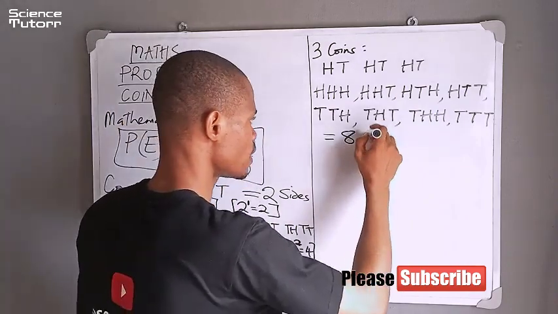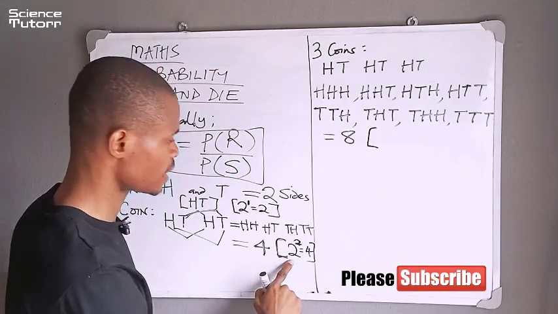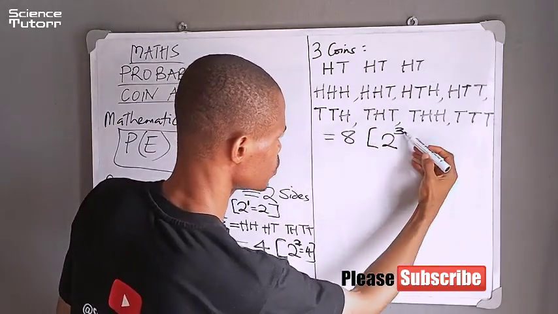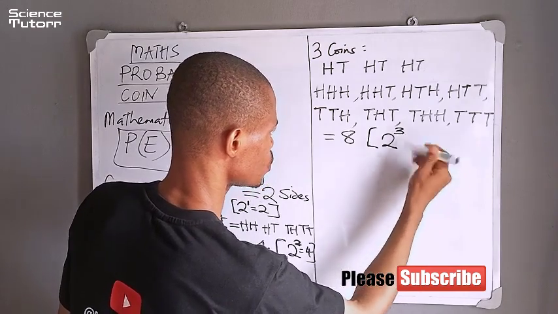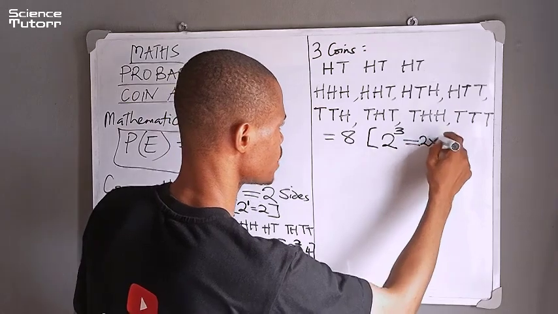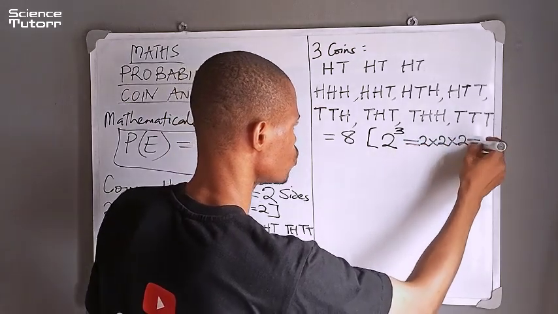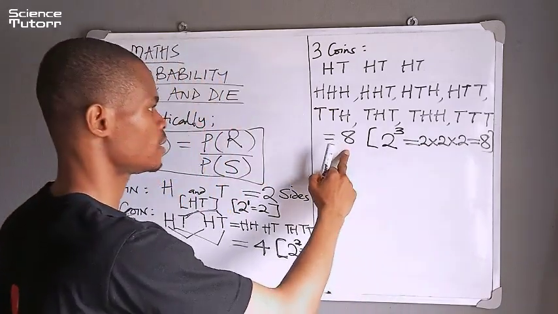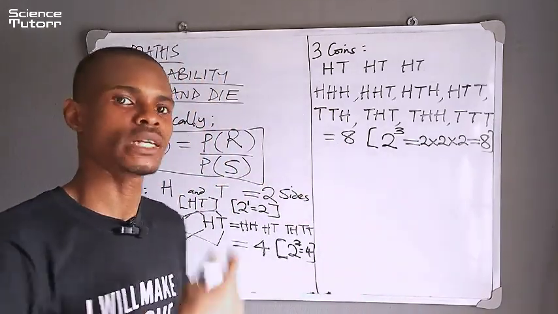That is to say, if I'm to use this same analysis, it's going to be 2 raised to power 3, the number of coins, which makes 2 times 2 times 2, which is equal to 8. The same outcome we have here. So it goes on and on.